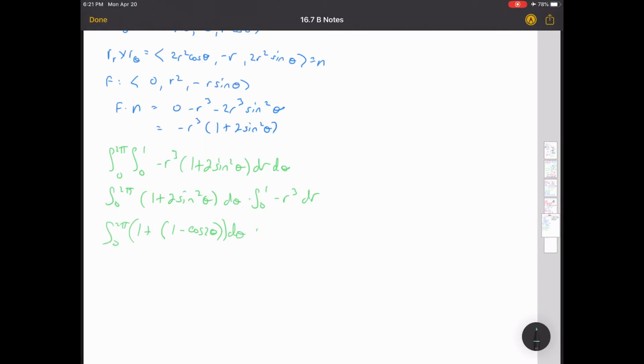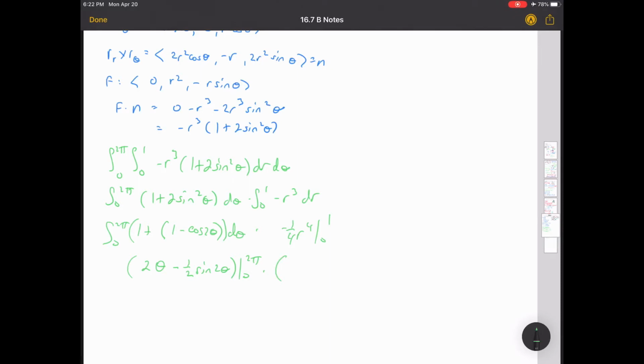And let's go ahead and take the antiderivative here of r, since we can do that pretty quickly. Okay, let's combine the 1 plus the 1 here and make that 2 when we take the antiderivative. So we get 2 theta. Antiderivative of negative cosine of 2 theta is going to be minus 1/2 sine of 2 theta. All of that from 0 to 2 pi.